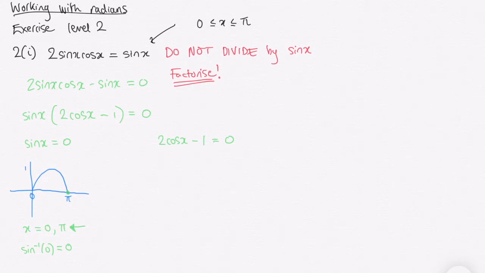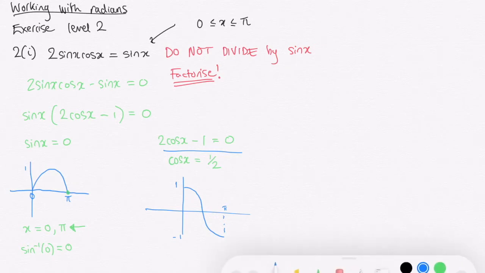But we also now need to solve our second equation, which is 2 cos x minus 1 equals 0. That is clearly equivalent to saying cos x equals a half. If we look at our cosine graph between 0 and pi, it looks like this, and we want cosine x equals a half, so half is about here.